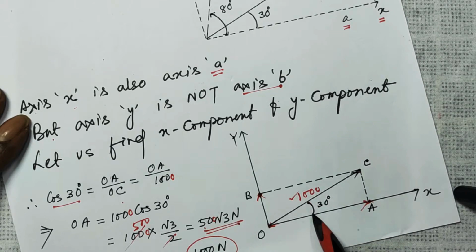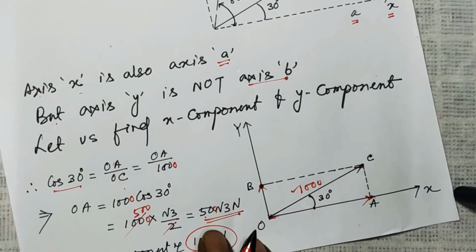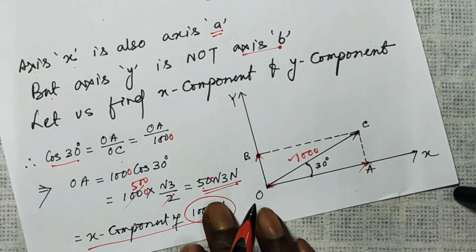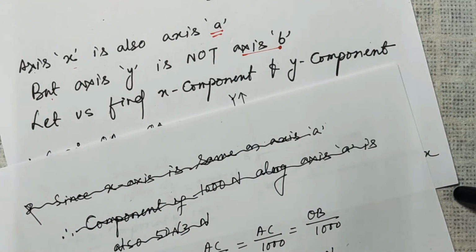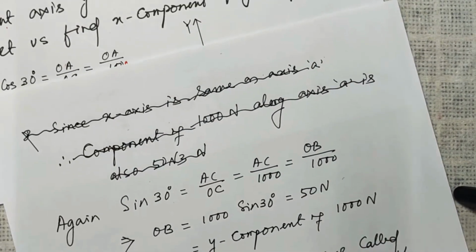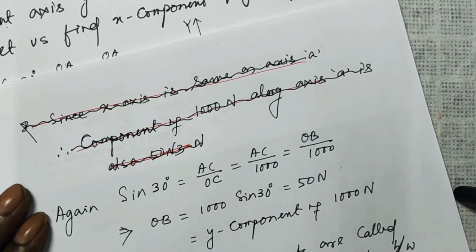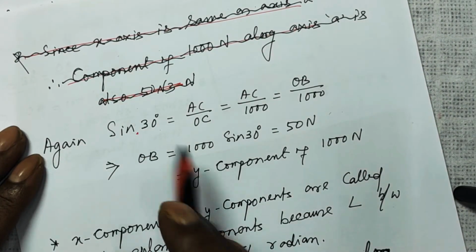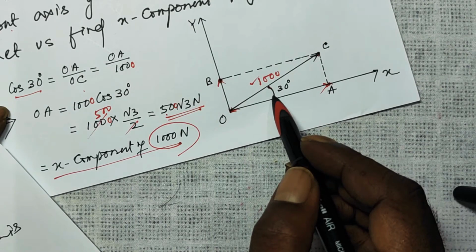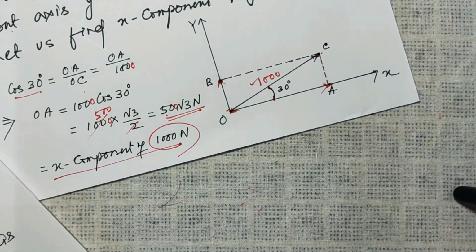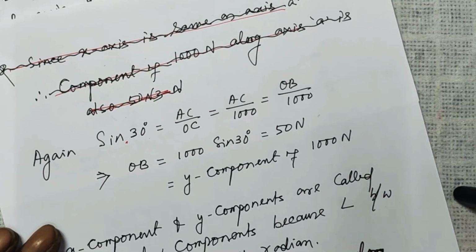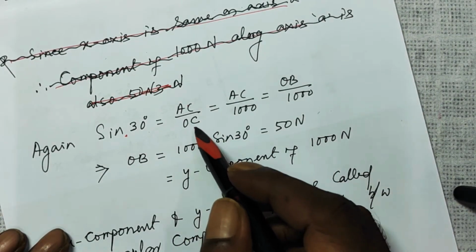Similarly, if you take sin theta, it will be the perpendicular side over the hypotenuse. So by taking sin theta, we will find the y component. Sin 30 will be AC over OC.